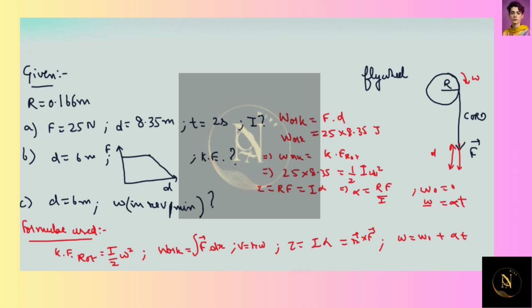So we have this equation and this equation. We put omega here, so 25 times 8.35 equals half I alpha square t square. Now we put alpha back here.